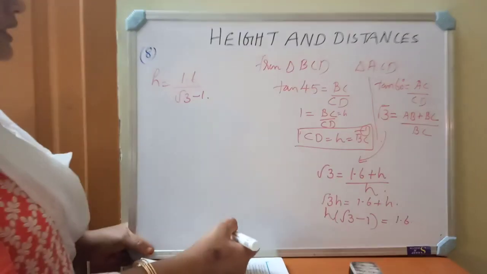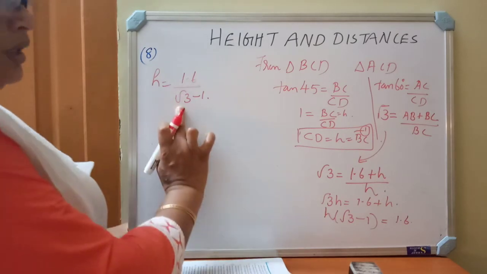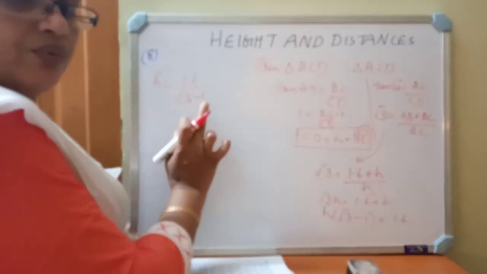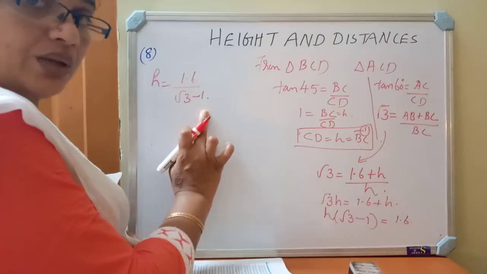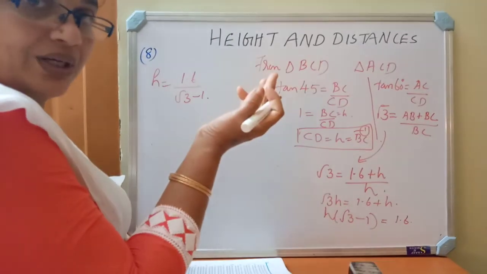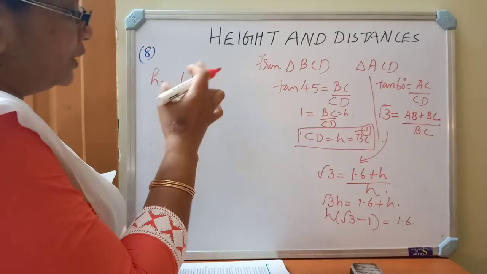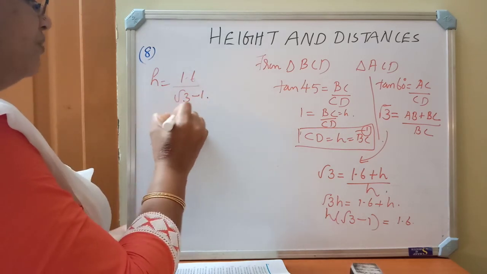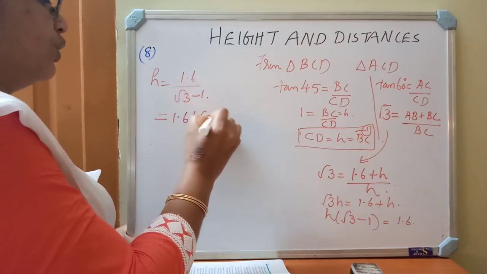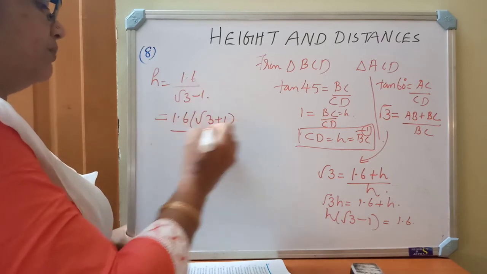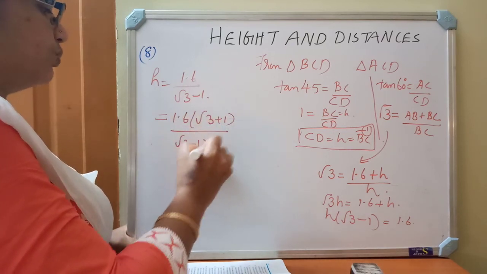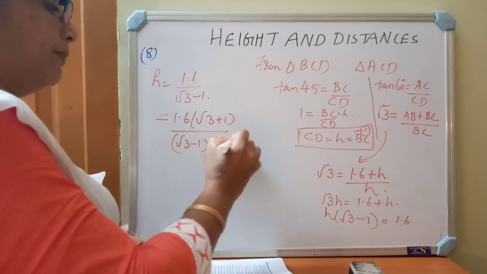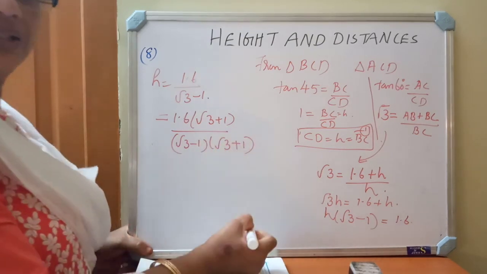So see children, root 3 minus 1. What is the rationalizing factor of root 3 minus 1? Root 3 plus 1, isn't it? So multiply the numerator and denominator by root 3 plus 1. What will you get? 1.6 into root 3 plus 1 divided by root 3 minus 1 into root 3 plus 1. Last year we studied rationalizing the denominator.